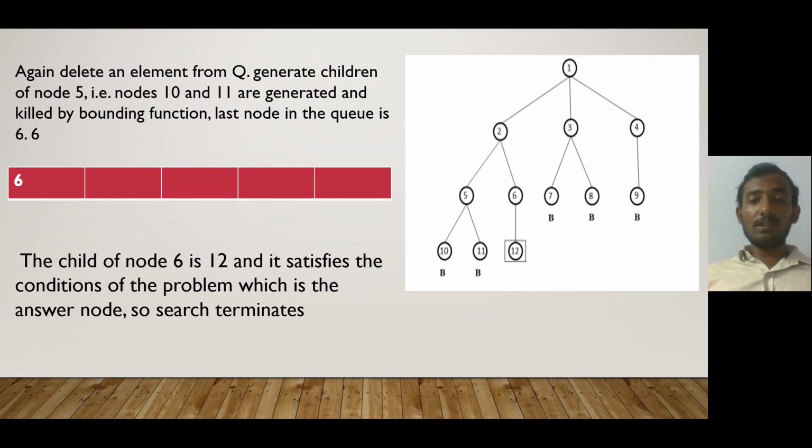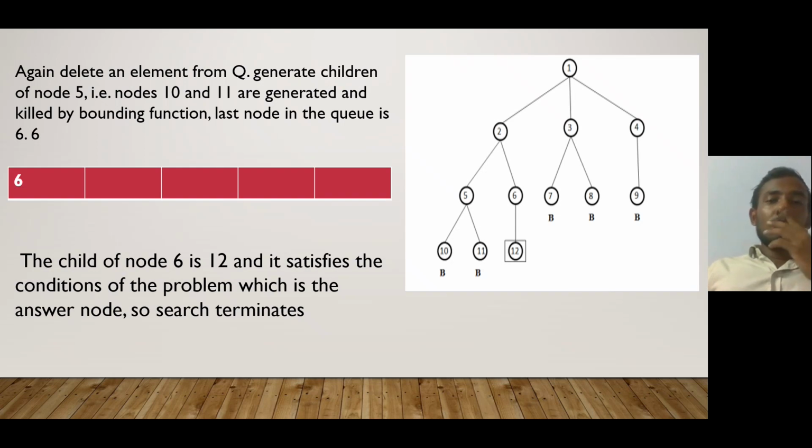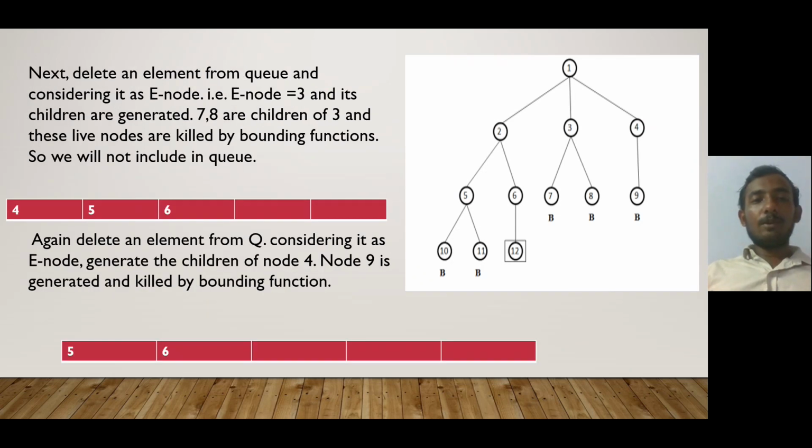The last node in the queue is 6. Now the child of 6 is 12 and it satisfies the condition of the problem, which is the answer node. The search terminates. This is FIFO branch and bound.